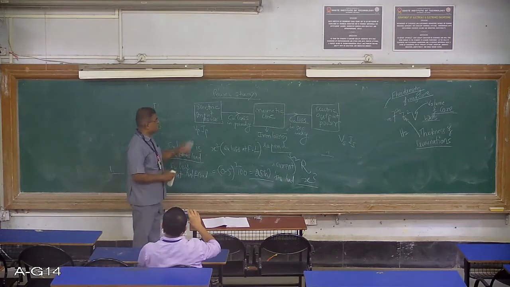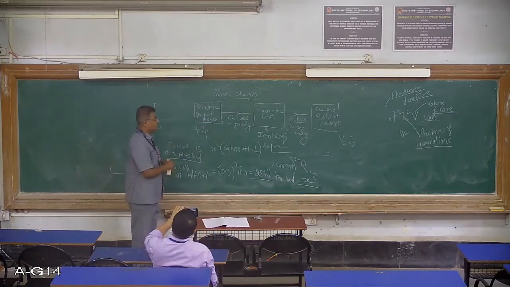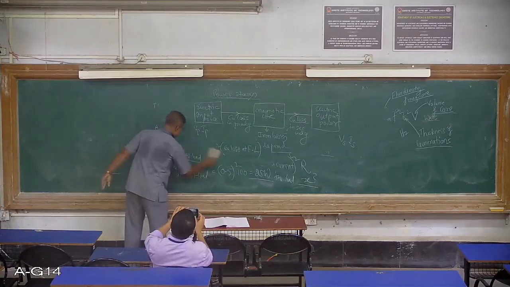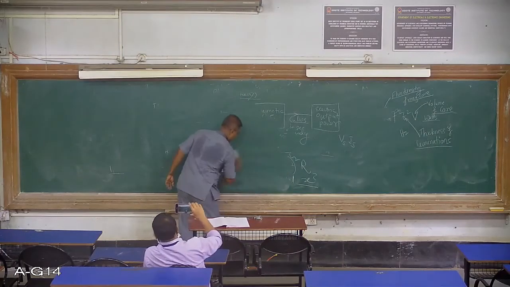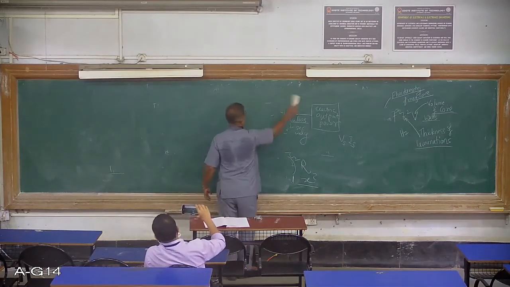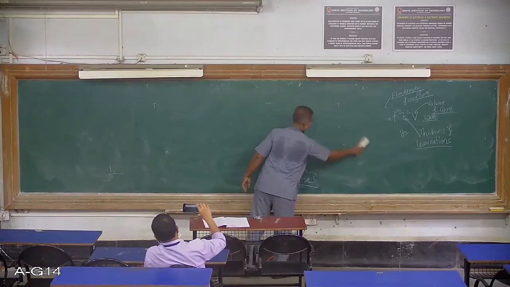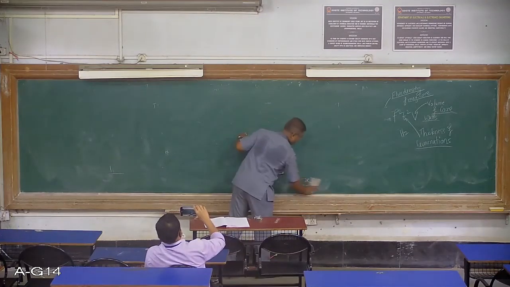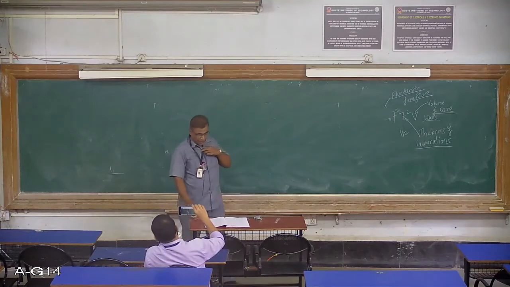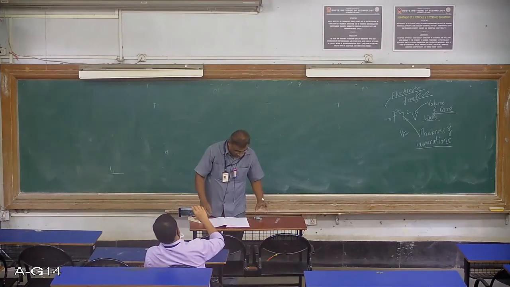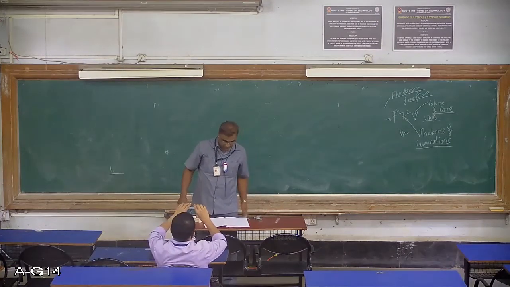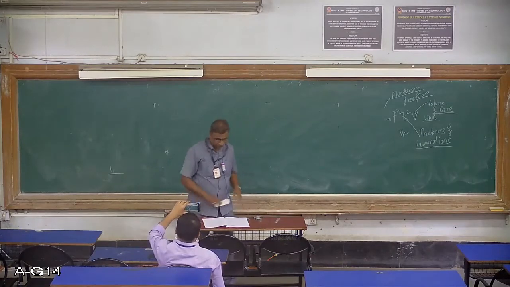So this is about the power stages in a transformer. Knowing the input power, output power and the total losses in a transformer, we can go through a small derivation for the efficiency of a transformer.